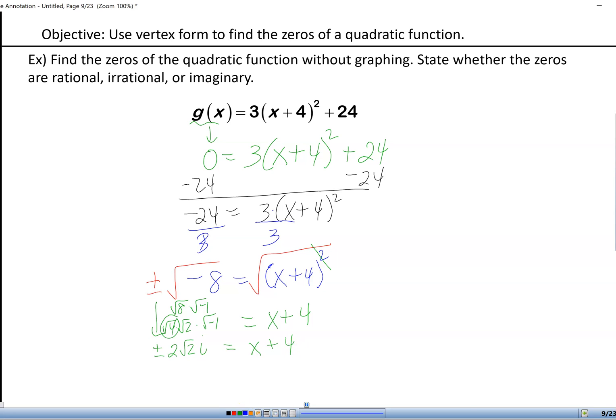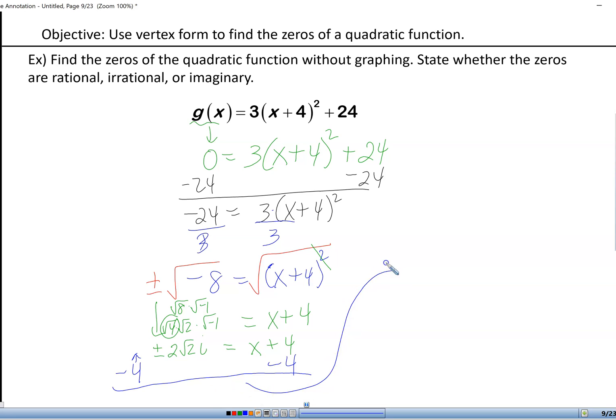Now these, you could separate now if you want to, or you can wait. I'm going to wait because 4 is a rational number and 2 root 2i plus or minus, those are imaginary. There's no way we can combine those together into a new number. So when we subtract 4 to undo the addition that was in our parentheses, that negative 4, which is rational, is going to go at the front of the plus minus.